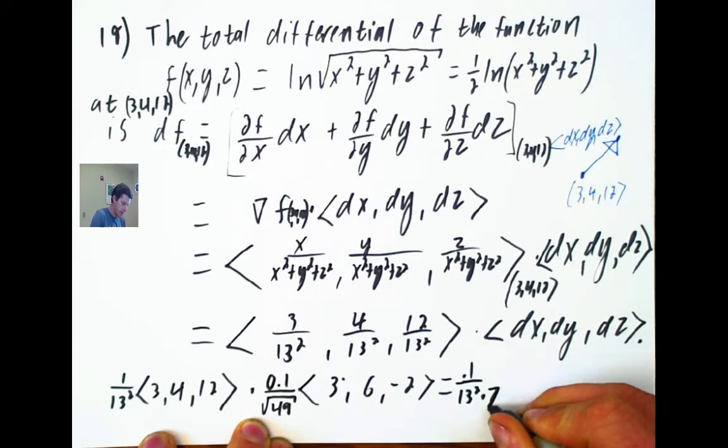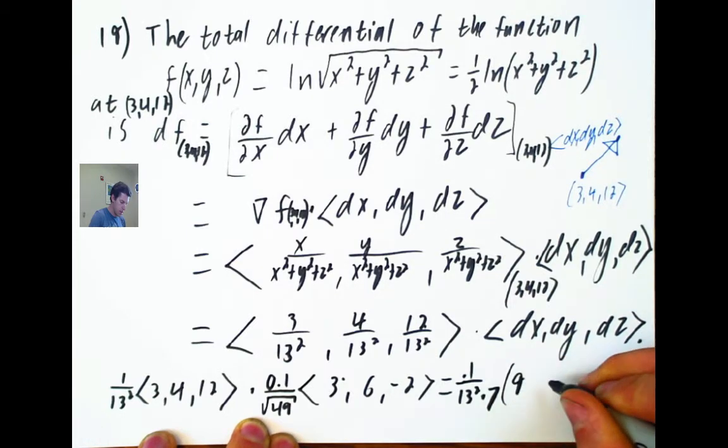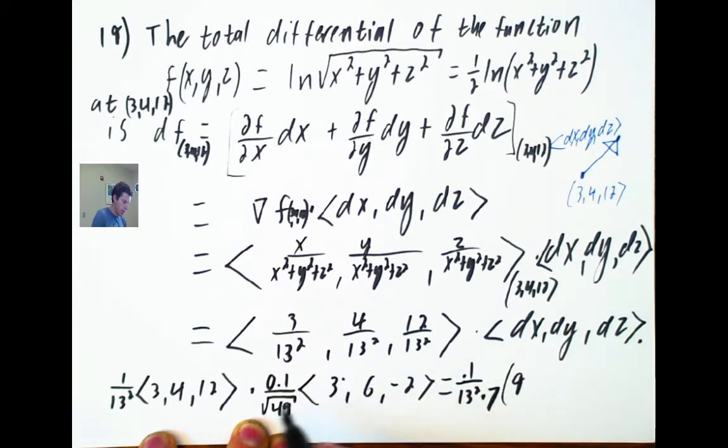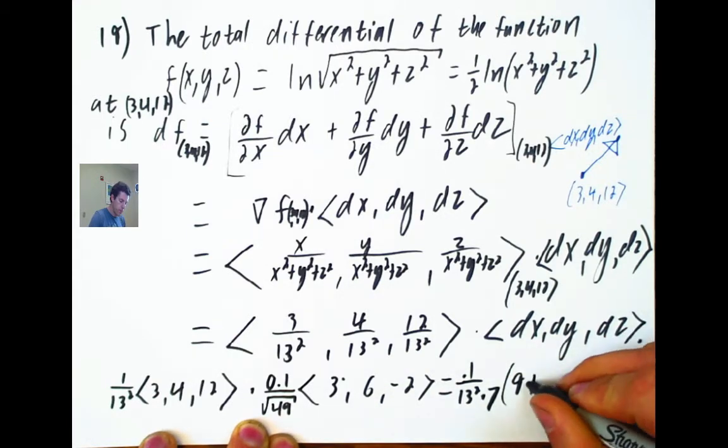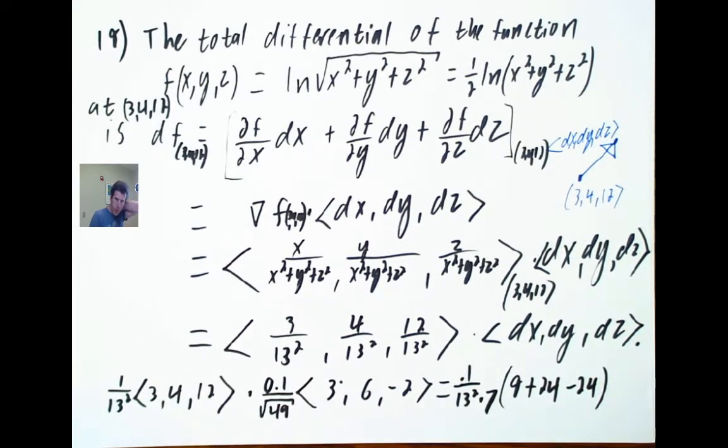They use dots for times sometimes. And then I've got this dot product, and that is 3 times 3, which is 9, plus 6 times 4, 24. And then I've got negative 2 times 12. Hey, wait a minute, that's negative 24. I could simplify that.